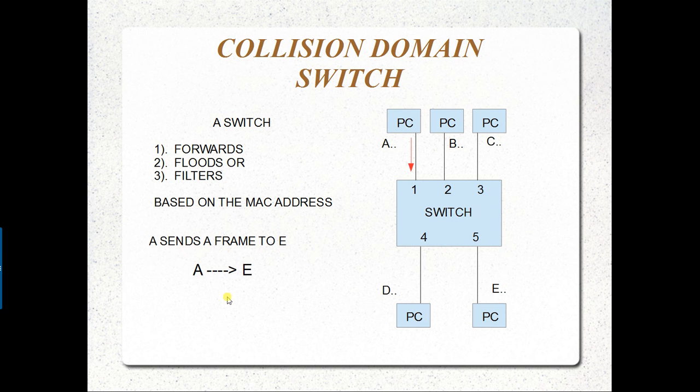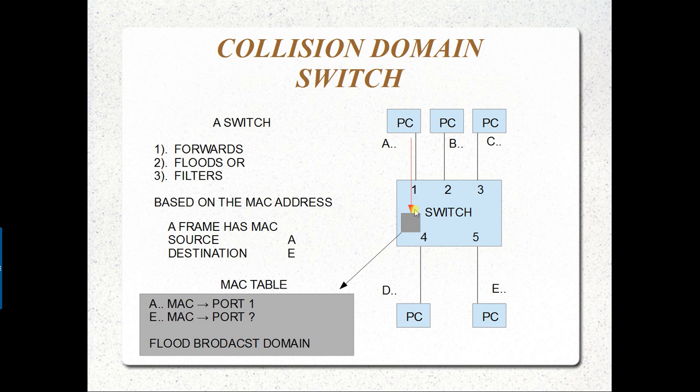So let's say A wants to send a frame to E. A is going to send a message, a frame, to the switch, and there's what's called a MAC table. The first thing the switch is going to do when it gets that message is look at the source.